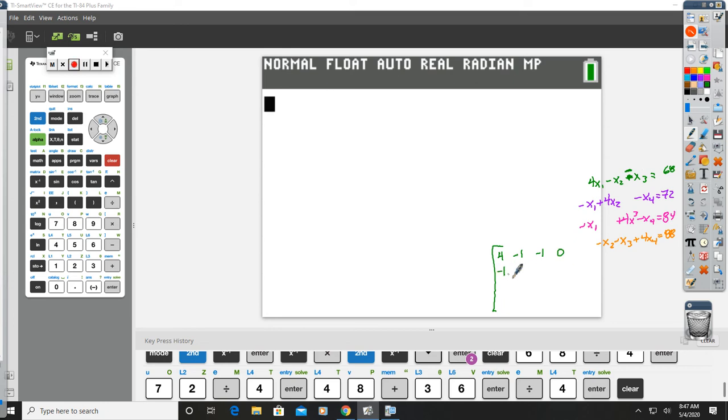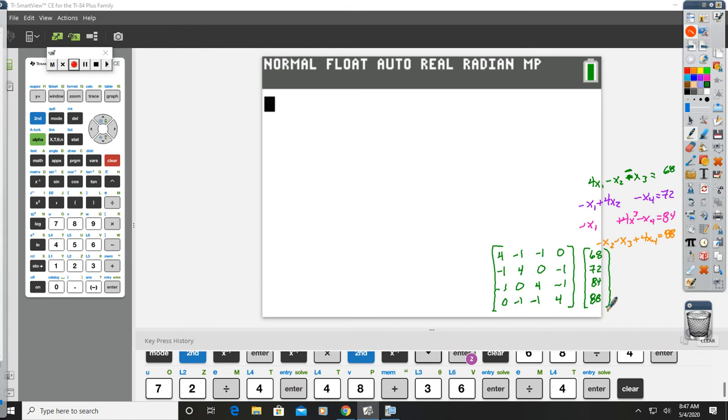Then we're going to have negative 1, 4, 0, negative 1, negative 1, 0, 4, negative 1, 0, negative 1, negative 1, 4. Then matrix B is my answer matrix, which is going to be 68, 72, 84, 88.